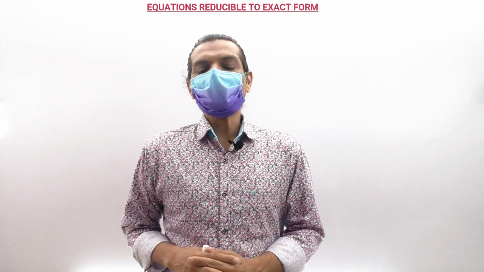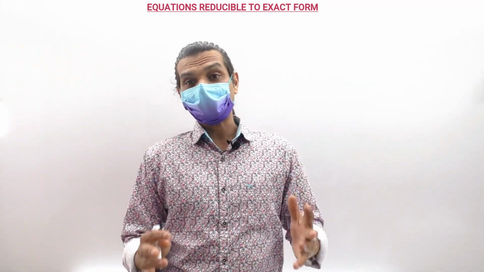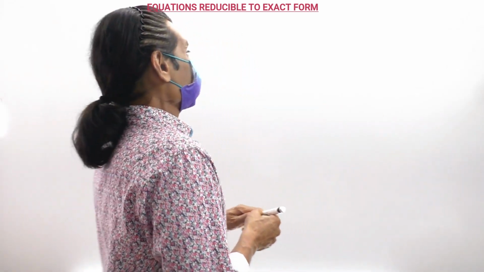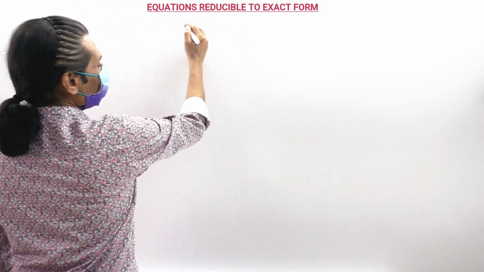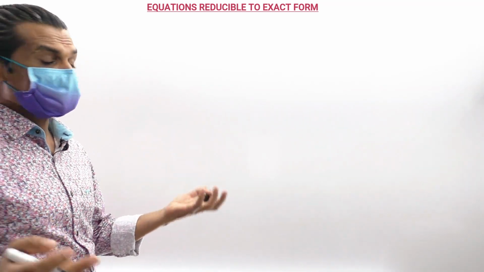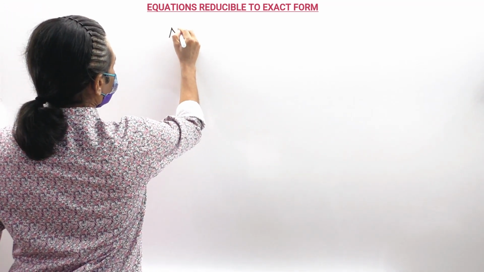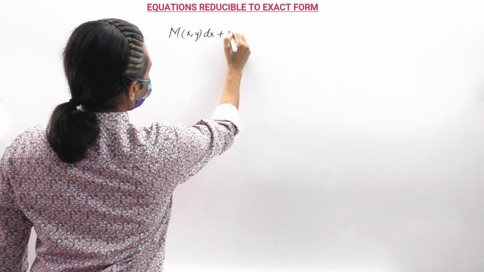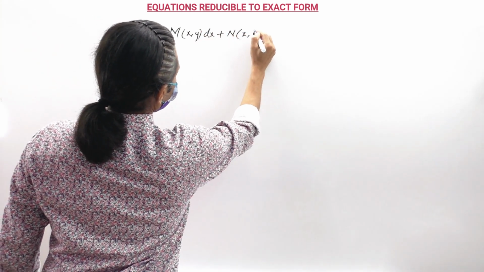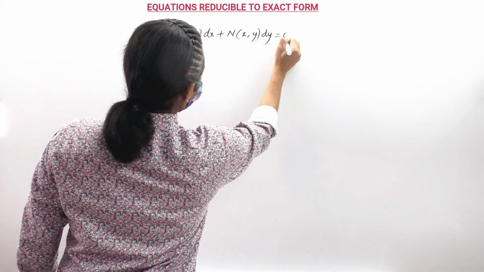To understand the concept of reducible to exact form, let us go back to the previous theory. Say we have the general form of an ordinary differential equation, or ODE, as M(x,y) dx plus N(x,y) dy is equal to 0.